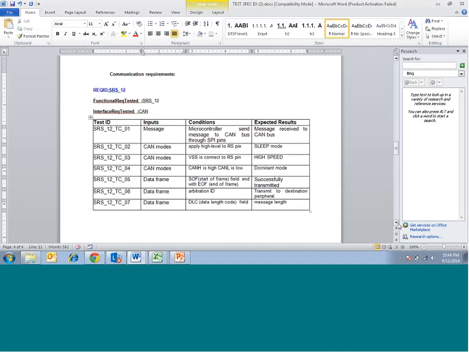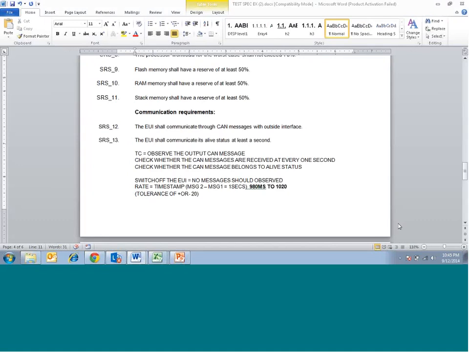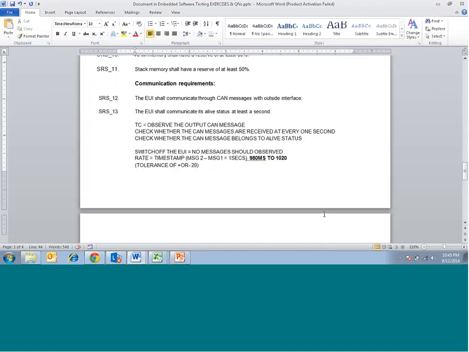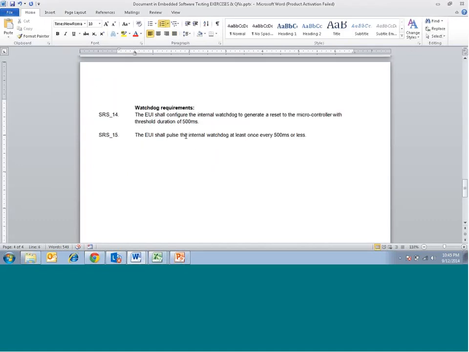Okay. The last one being the watchdog requirements. There are two requirements here. The instrument shall configure the internal watchdog to generate a reset to the microcontroller with a threshold duration of 500 milliseconds.